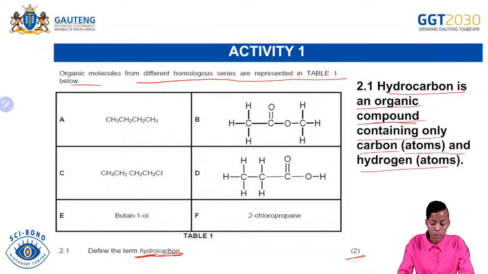Again, from the word itself, it is an organic compound containing only carbon atoms and hydrogen atoms. You can also get the definition from the word itself. Remember, with the definitions, you need to define according to the examination guidelines.